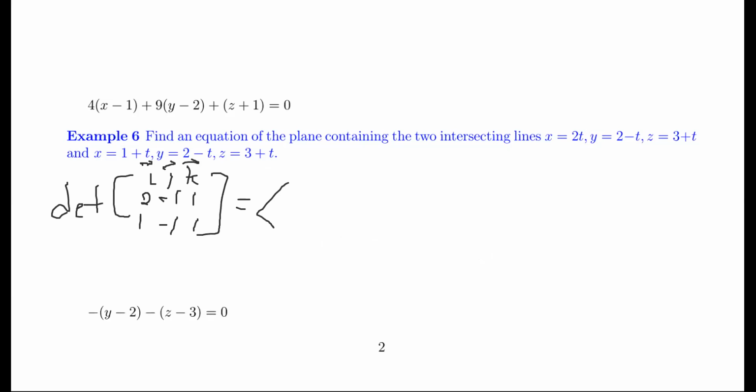This gives us the vector: -1 times 1 is -1, minus -1, minus the vector, let's see, 2 minus 1, and then the vector -2 minus -1.